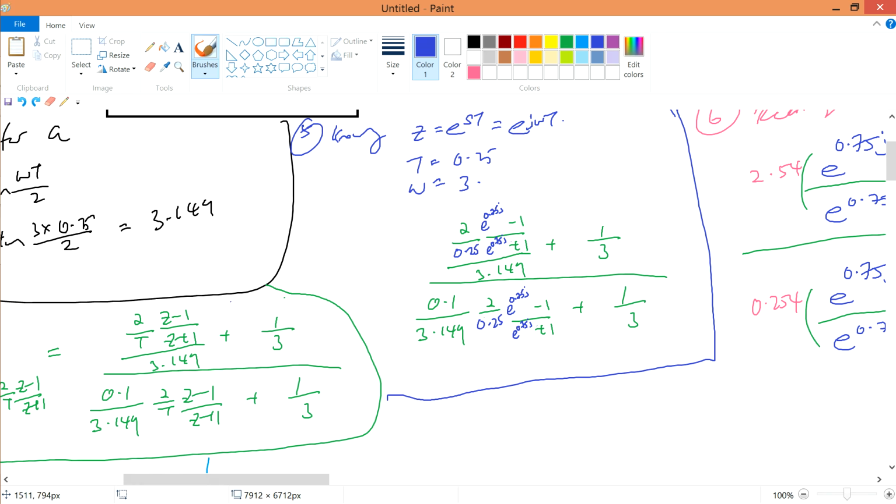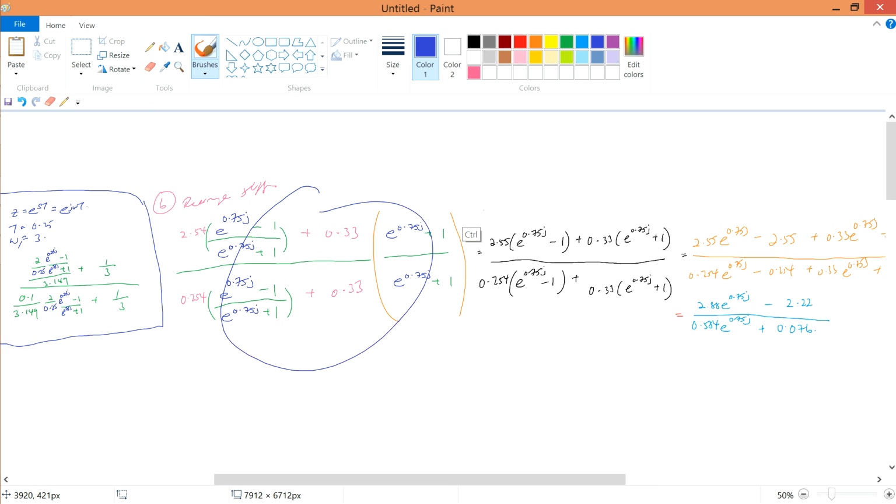Once you have done this, next you sub in your z as e^(j omega T), and your T and your omega wherever omega 1 appears, based on these definitions as we have said. After which we do a huge rearrangement until here, and the key step of the rearrangement is to multiply by the denominator, which equals 1.